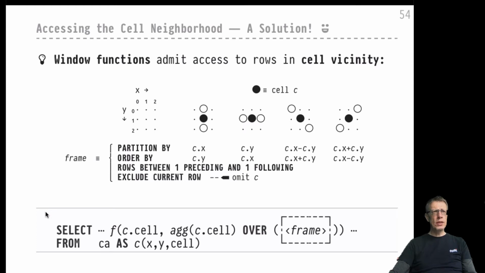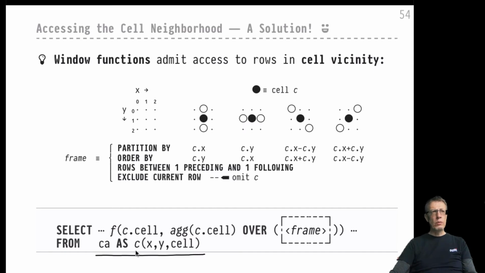Let's recall again. We were inside our QLoop query, and we had the task of exploring all the cells C in our current cellular automaton.